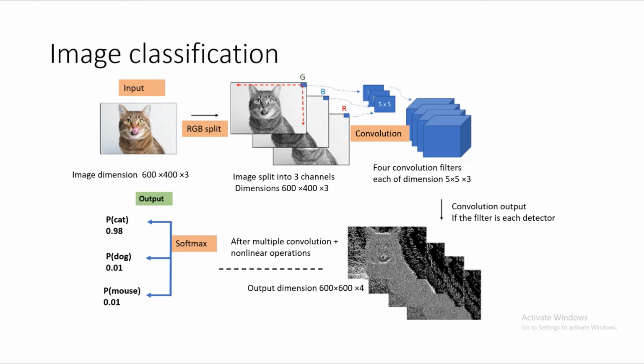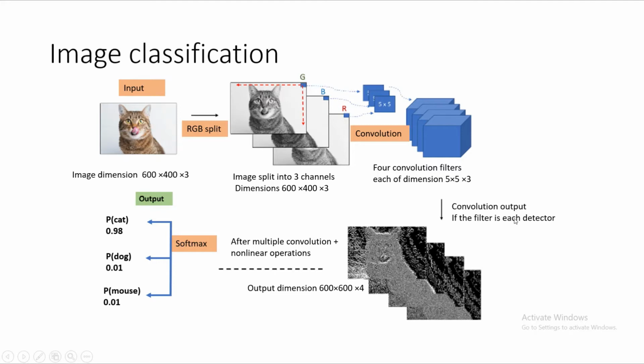Here we can see we have an input image of a cat, and we split it into RGB, and we convolve it with 5x5 filters, and we have four different filters, each 5x5x3, and this is the convolution output. If the filter is an edge detector, sorry, it should be an edge detector, not an edge detector.